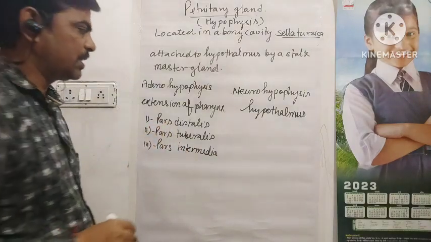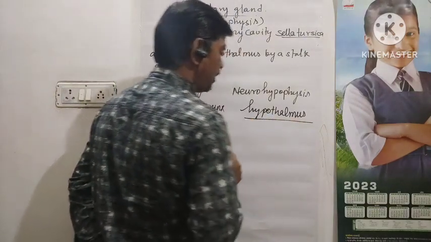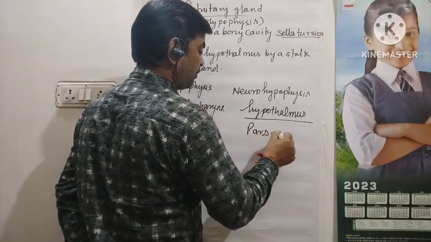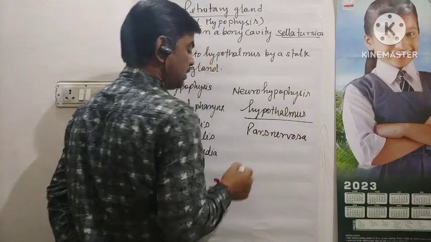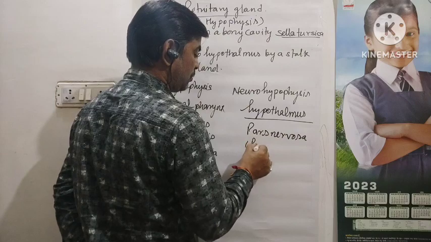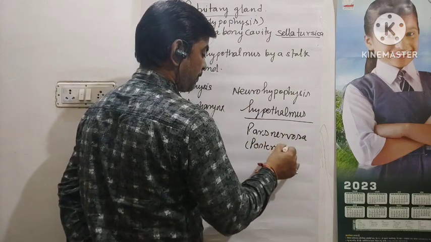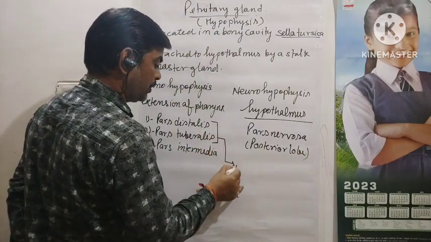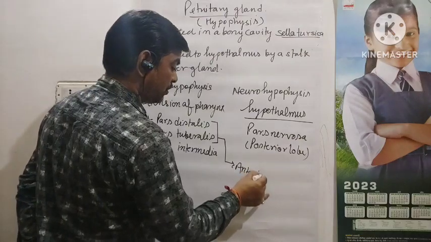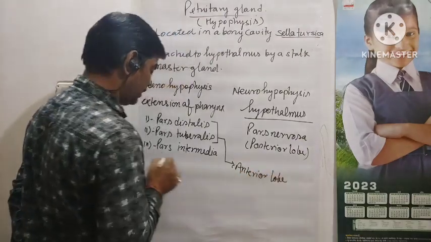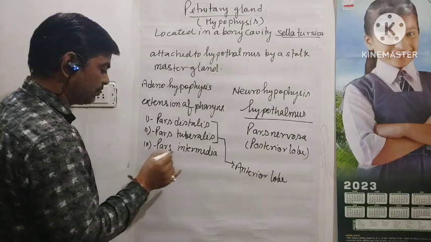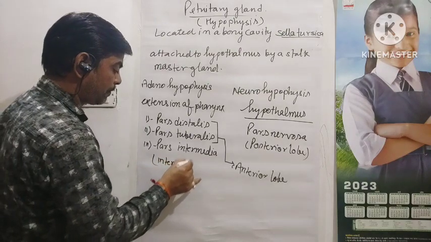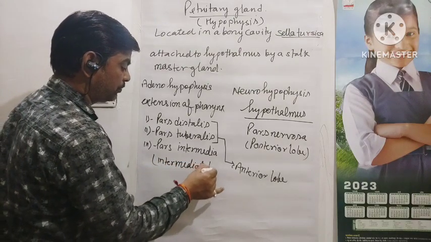The neurohypophysis forms the posterior lobe, which is called the pars nervosa. These two regions form the anterior lobe, and this one forms the median lobe, or intermediate lobe.